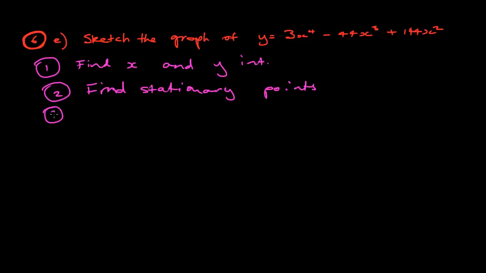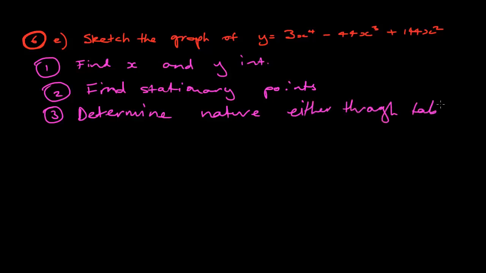And thirdly, we determine the nature, which is either concave up or concave down, either through a table, or we can actually just do the d2y over dx2 method, so the second differentiation method. It's either the table or the second differentiation.